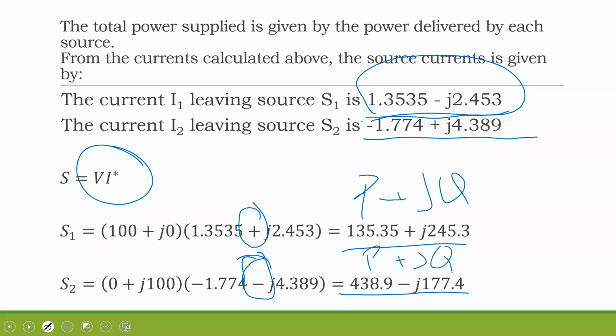P plus jQ. So what this is saying to us is that one source is actually delivering reactive power, while the other one is absorbing reactive power.